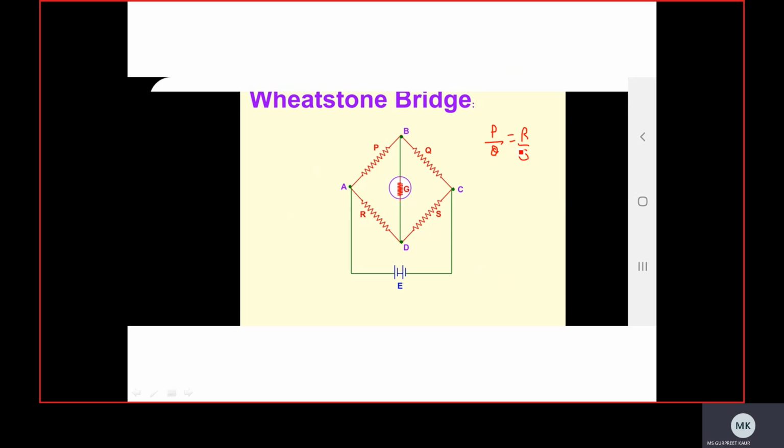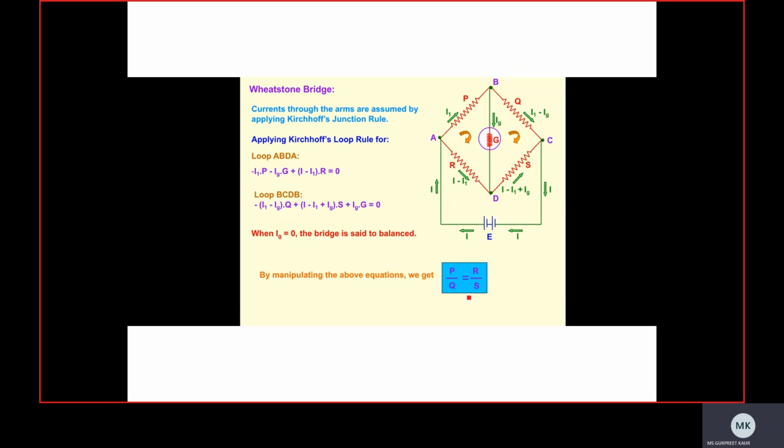So let us derive this condition of the balanced Wheatstone bridge, P by Q is equal to R by S. This is an important derivation from the CBSE board point of view. Now here, this is a Wheatstone bridge.